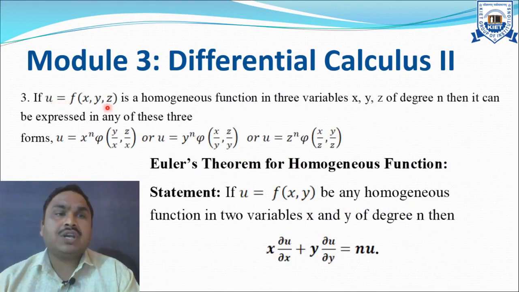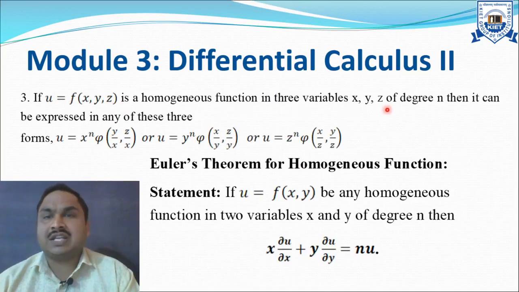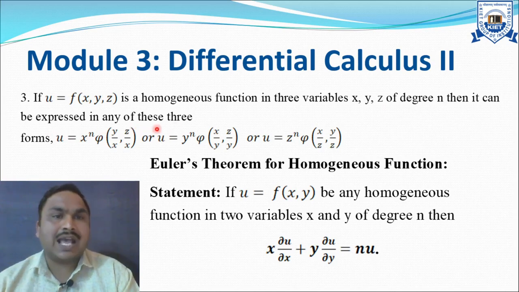Third point: if u = f(x,y,z) is a homogeneous function in three variables x, y, z of degree n, then it can be expressed in any of these three forms: either u = x^n φ(y/x, z/x), or u = y^n φ(x/y, z/y), or u = z^n φ(x/z, y/z).